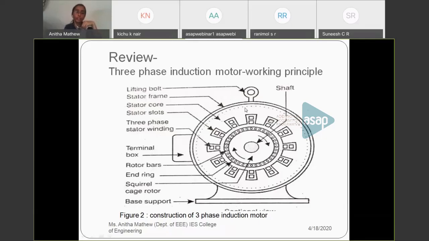Hence, the rotor current flows. And according to Lenz's law, it will oppose the cause producing it.